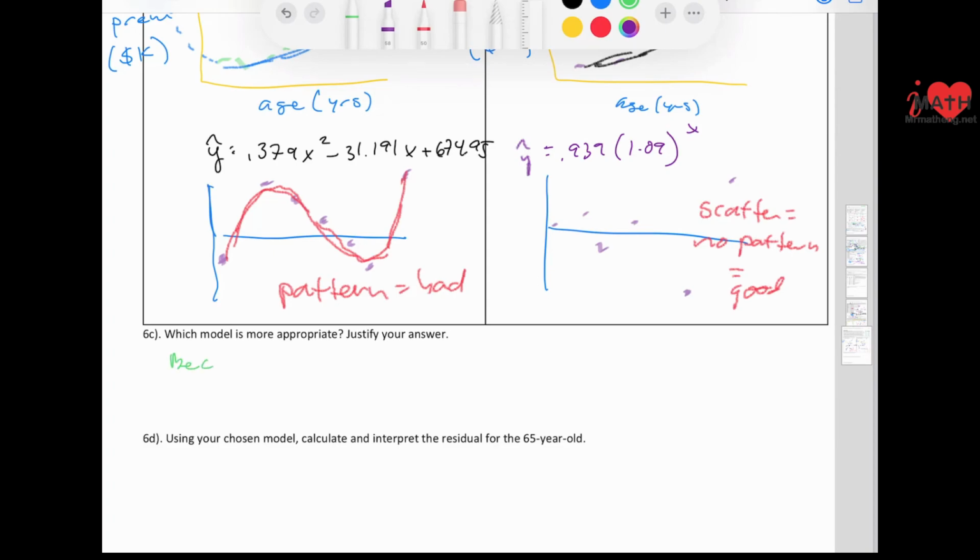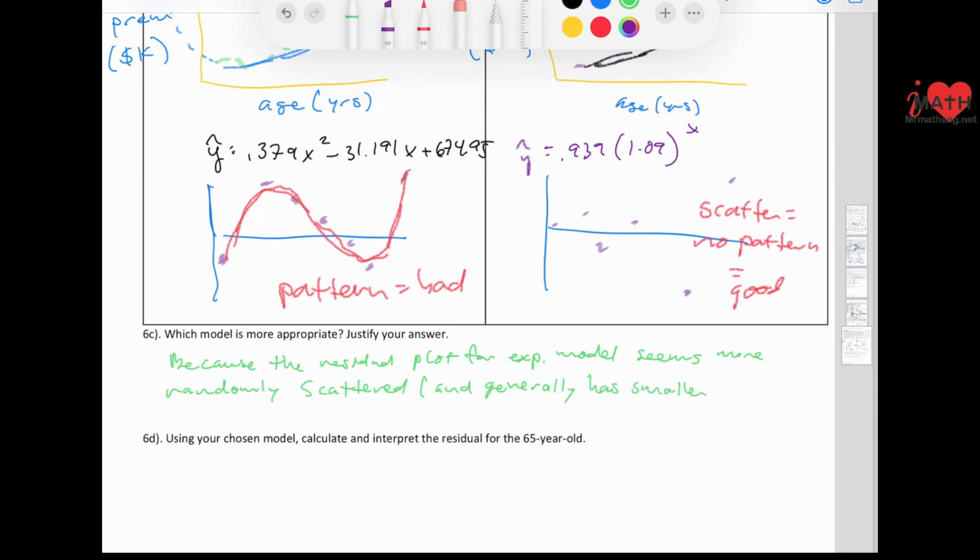Because the residual plot for the exponential model seems more randomly scattered, and generally has smaller residuals, so maybe closer to this line, right?